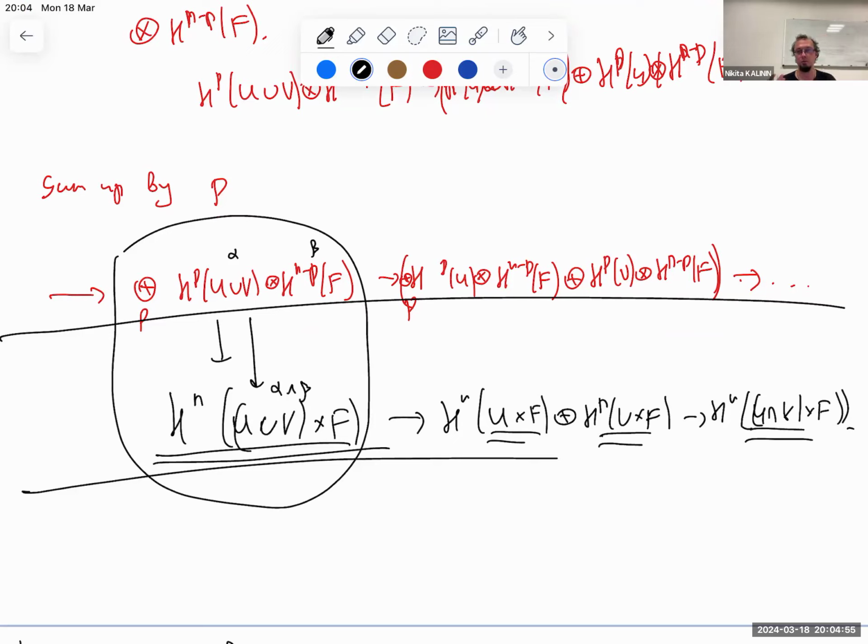So if you have just two manifolds, the Cartesian product of them, you just send them to forms of these things.